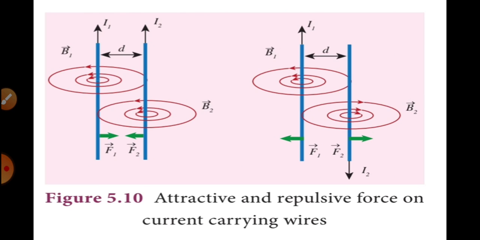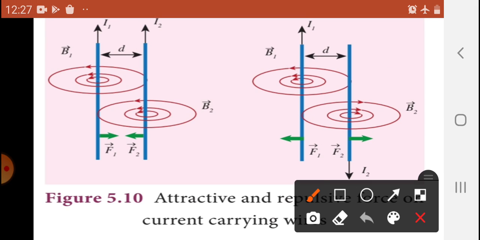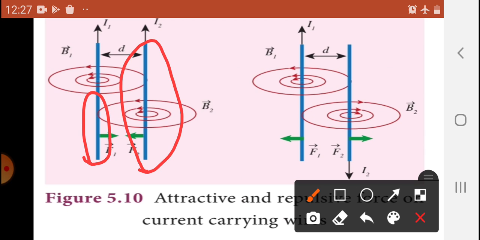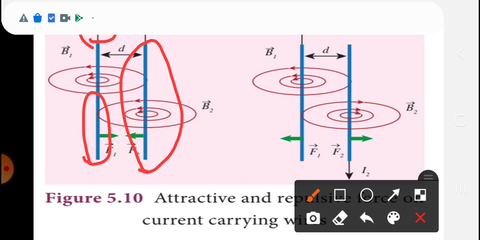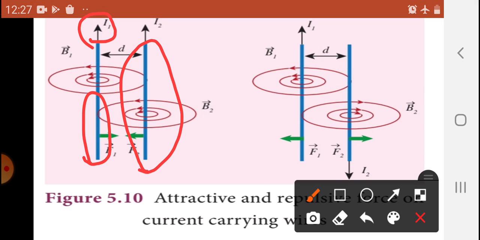So here, consider the first current carrying conductor. Current I1 flows in this one, and current I2 in the other. This is I1 current, this is I2 current flowing through this conductor.